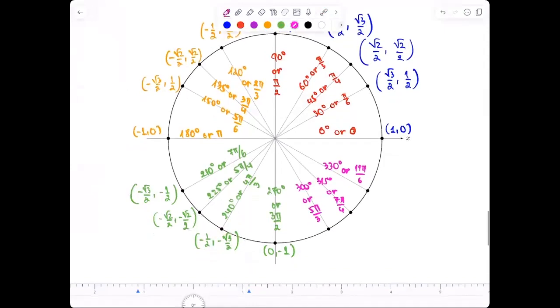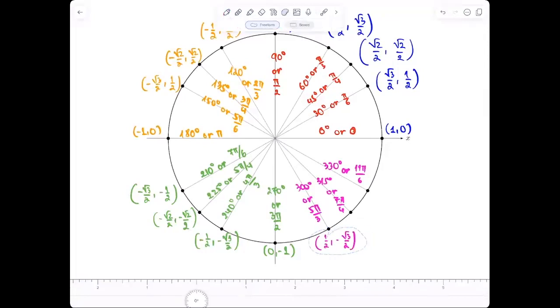So the x value is here 1/2, the y value is negative, so -√3/2. The point at 315 should be √2/2, comma negative √2/2. And the last point is √3/2, comma negative 1/2. And of course, 360 degrees or 2 pi should have the same point as 0.